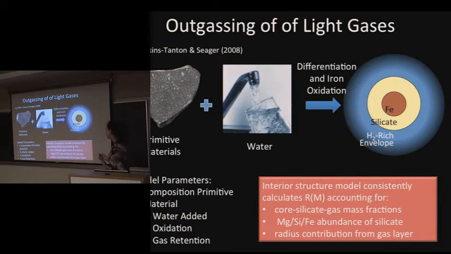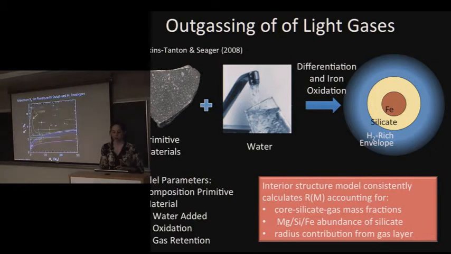By considering the most optimal chemical composition for the primitive material, sampling from the range of meteoritic chondritic material observed in the solar system, and considering the extreme of 100% oxidation and 100% retention of the hydrogen-rich gas envelope, I can set with interior structure models a relatively strict upper limit on the radii of planets that acquire gas layers from this process alone. Here's what I find.